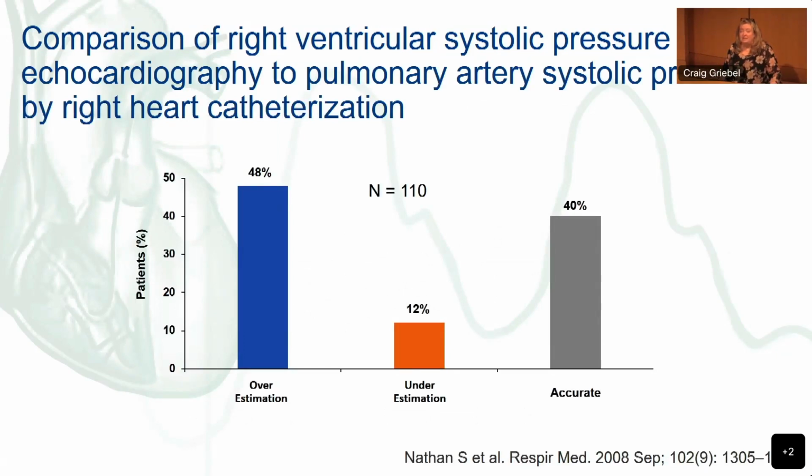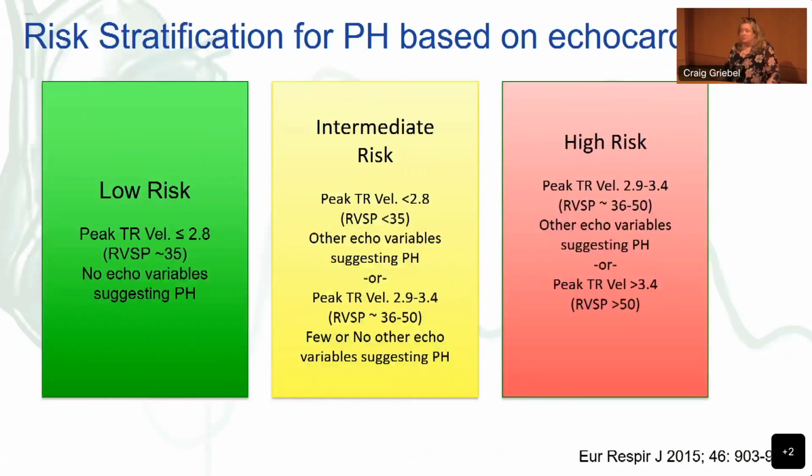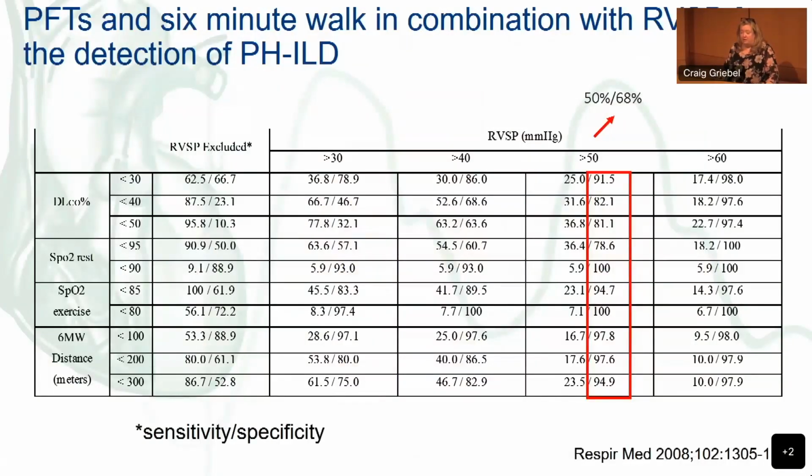So you can't just look at RVSP. Take your time. Your cardiologist is going to tell you all sorts of great stuff about the echo. And plug that in to this kind of pretest probability of could your patient have pulmonary hypertension. Look at those other variables.